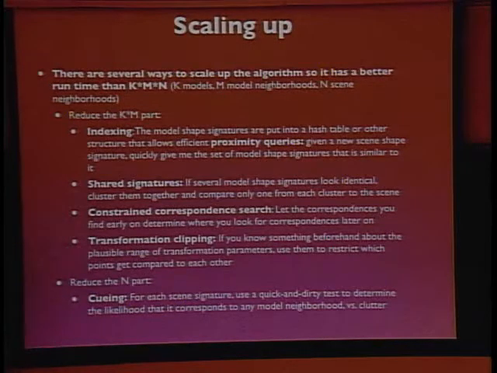If you take a scan of the desert, your tank or whatever you are trying to detect might be a teeny tiny percentage of it, but the rest of the terrain, being perfectly flat, has very, very boring shape properties. It's going to have no curvature, and no variation in that curvature as you look in a neighborhood around it. So you can potentially just say, I'm not going to look at any scene signatures that have low curvature. So cueing is this kind of idea.